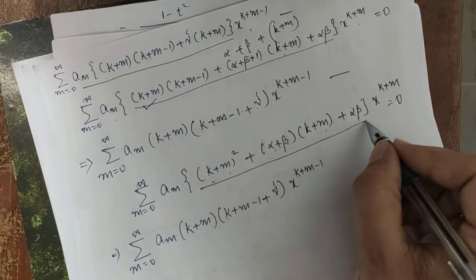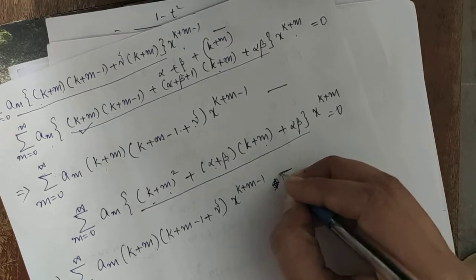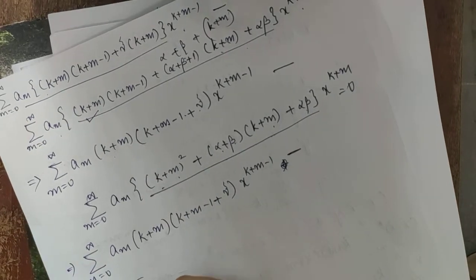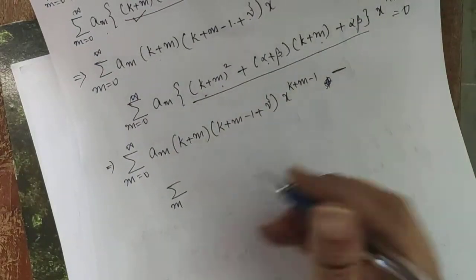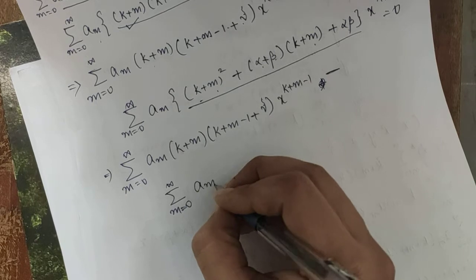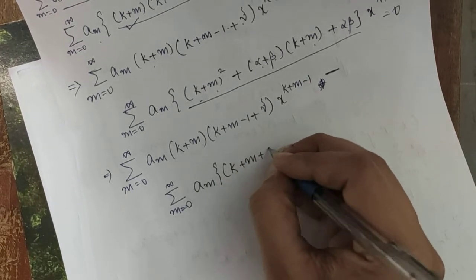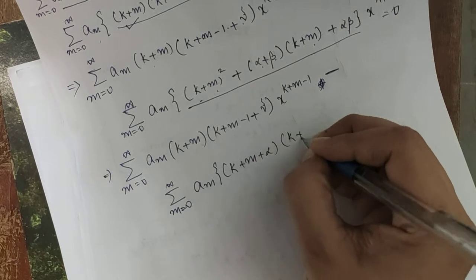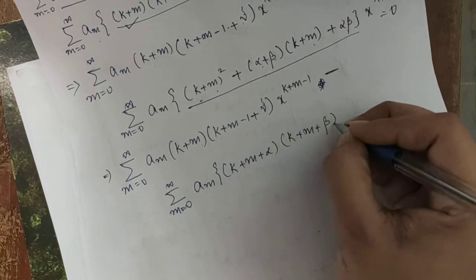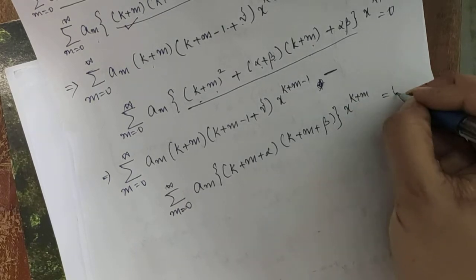If you simplify these things, you will get, sorry, this is minus, right, minus summation m is equal to 0 to infinity a_m into k plus m plus alpha into k plus m plus beta into x power k plus m is equal to 0.